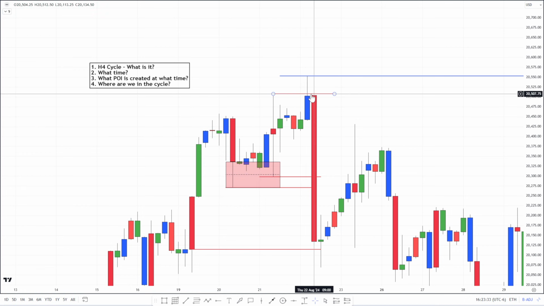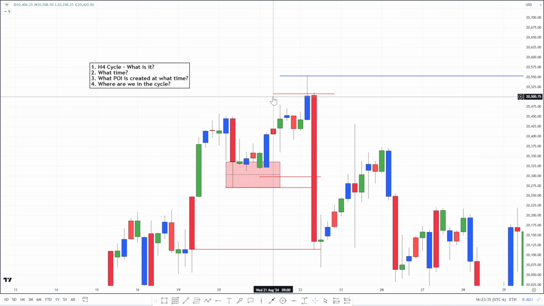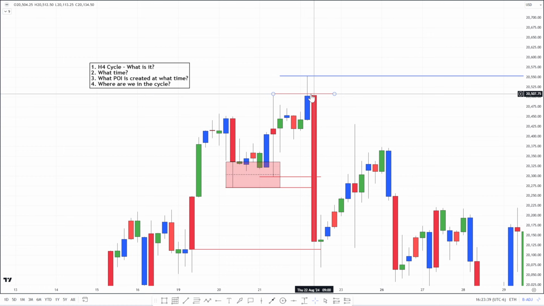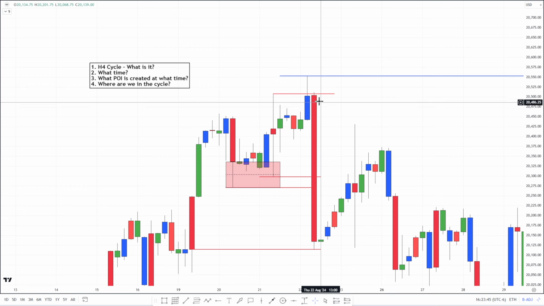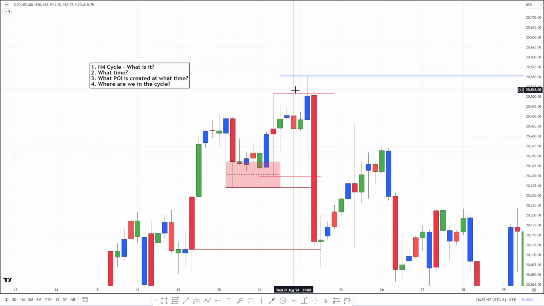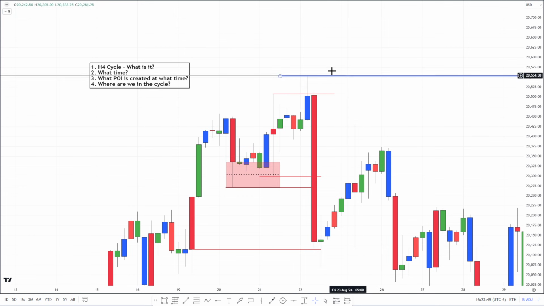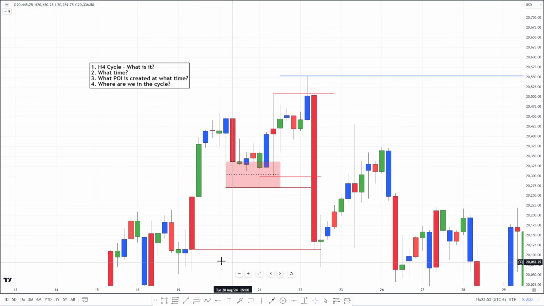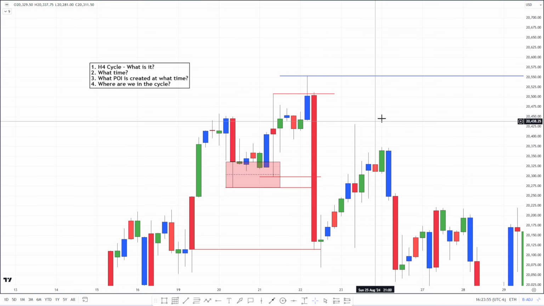Because we don't get a candle close above this high like we had over here, and we don't get continuation, we're looking for lower prices of this time cycle right here. And we are looking for price to rebalance this area. Okay?